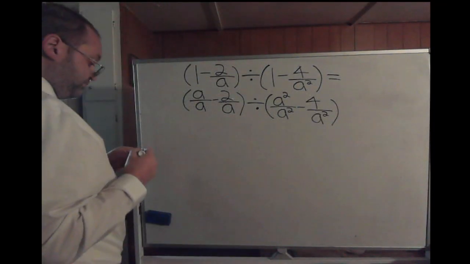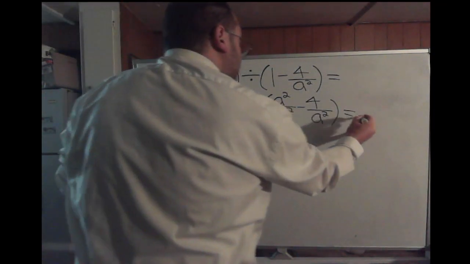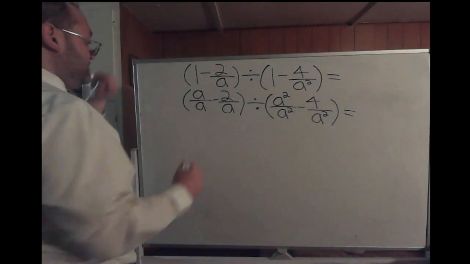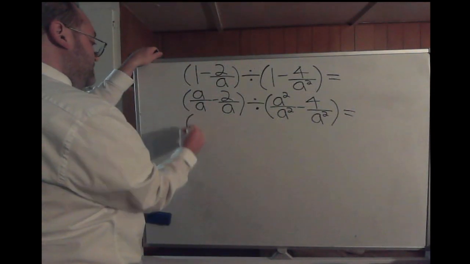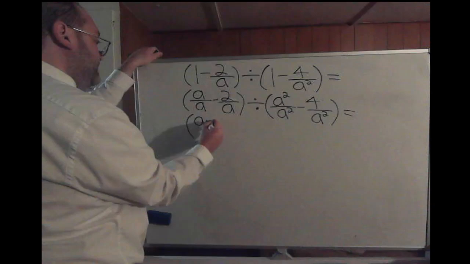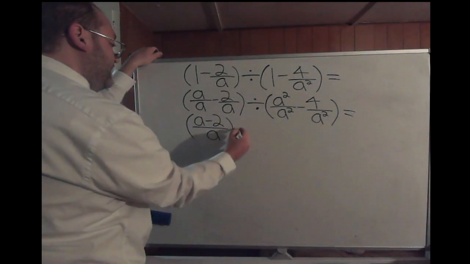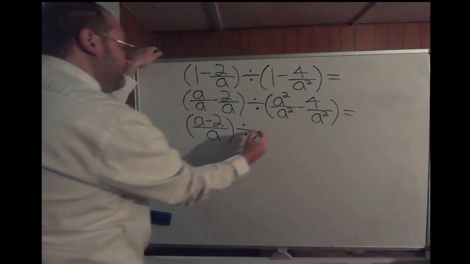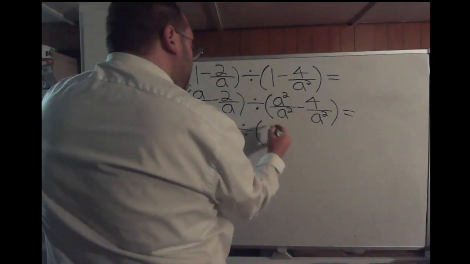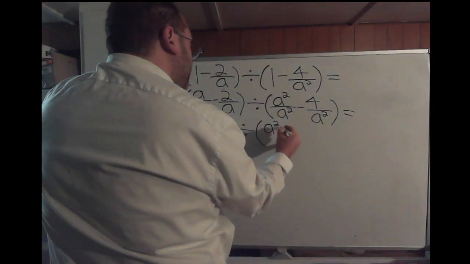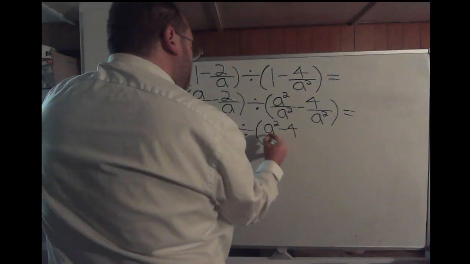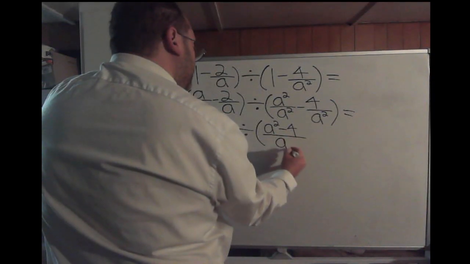Alright, now in each of these individually we can do the subtraction. You'll end up getting a minus 2 all over a, that would be divided by a squared minus 4 all over a squared.